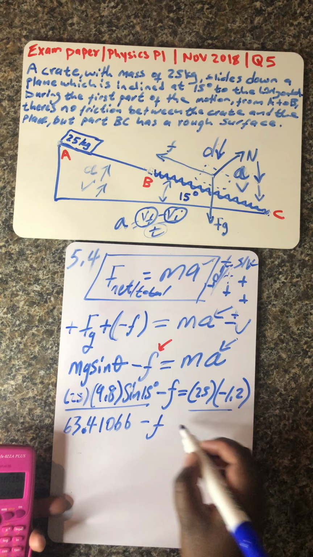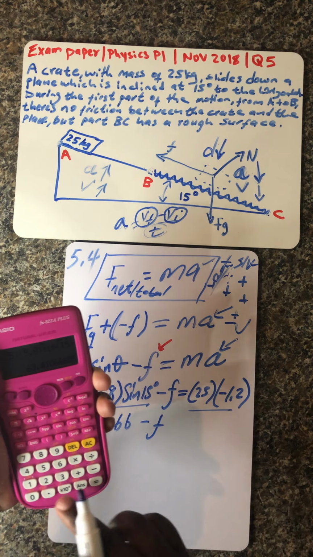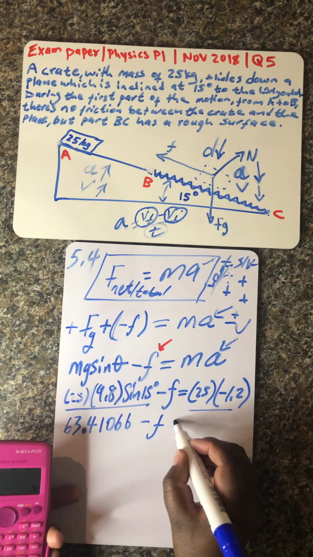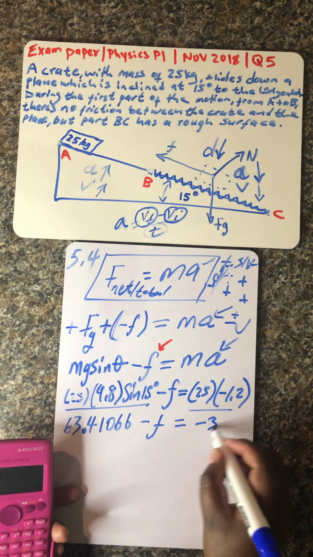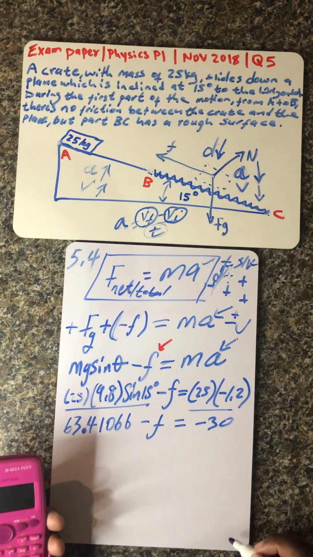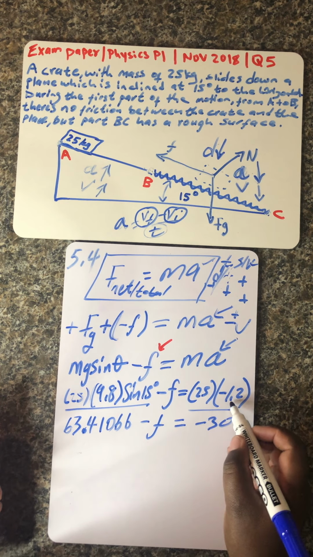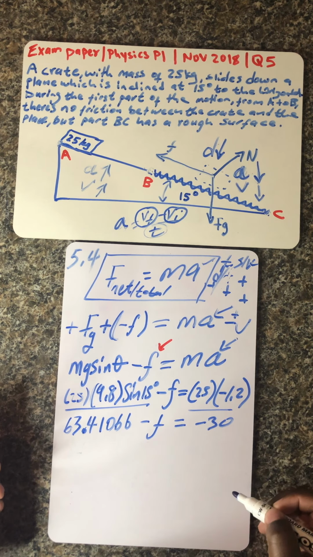Then it's minus f. What is that? It's 25 times 1.2, which is, remember, it was a negative, then it's negative 30. This is the negative, guys. So it's more like you're saying 25 times negative 1.2, so you get negative 30.